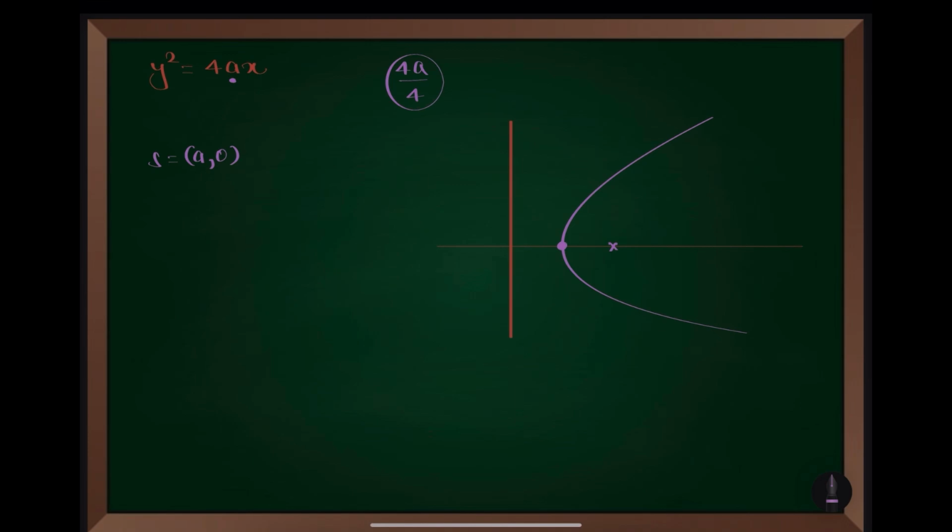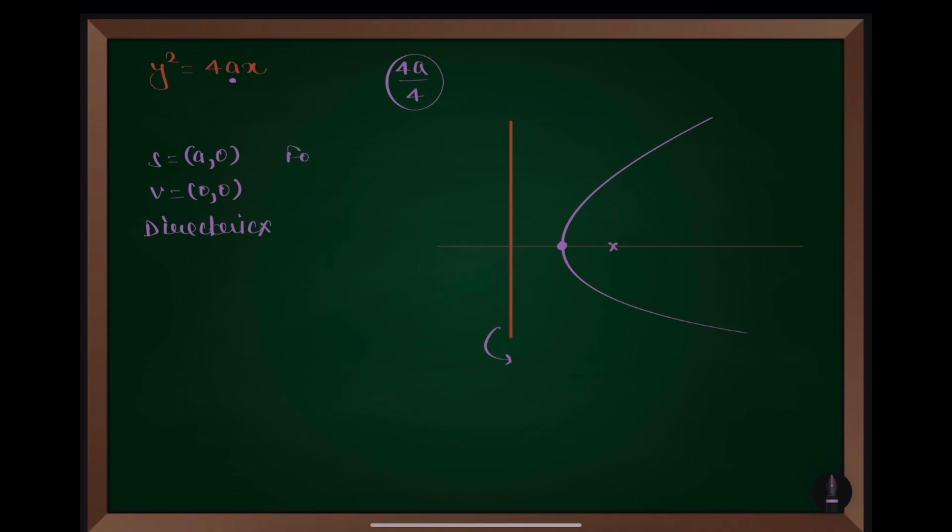Who is this thing? This is your vertex. So vertex is 0 comma 0. Now who is this equation? Straight line? It is directrix. Okay, please have command over those words.